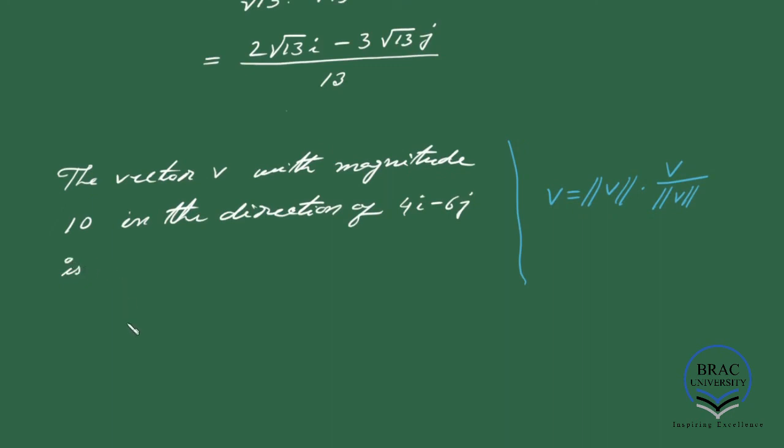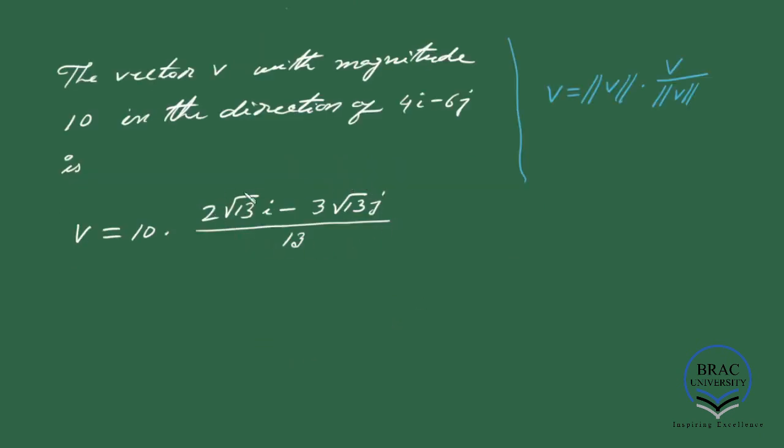We like to express this v as a magnitude times the unit vector. The magnitude of v is 10, so I can write 10 times the unit vector. We have calculated the unit vector in the direction of 4i minus 6j, which is essentially the same direction. So I can write 2 times square root of 13 i minus 3 times square root of 13 j, divided by 13.